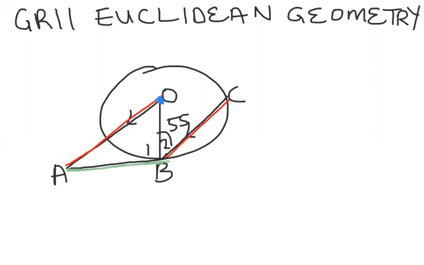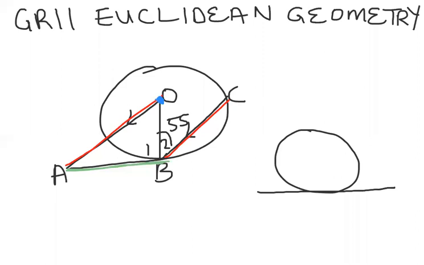A tangent is, if you have a circle and any line that touches the circle, then you call it a tangent. There's, like I mentioned, a lot of definitions in the textbook regarding tangents, so we're going to use one of them now.